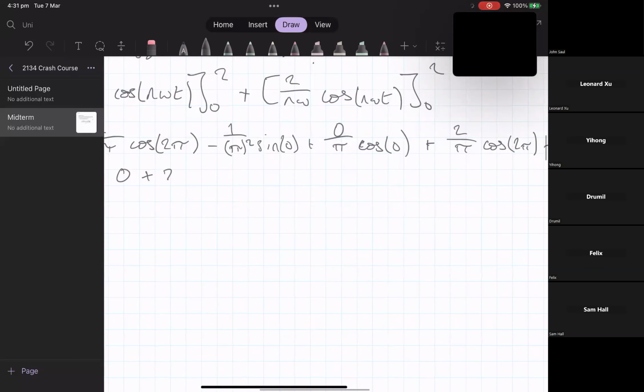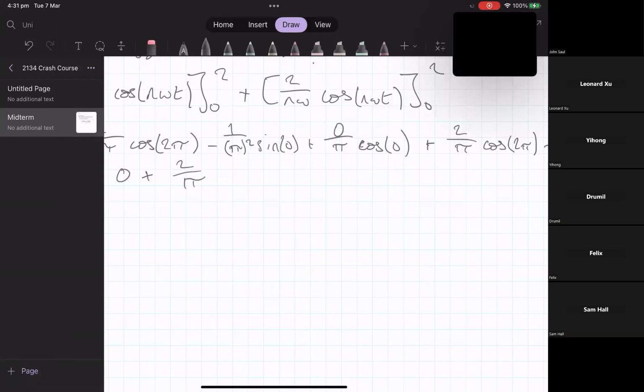Okay, that is b of n, and then we simply put those together. We just use b of 1 because we're just doing the fundamental.